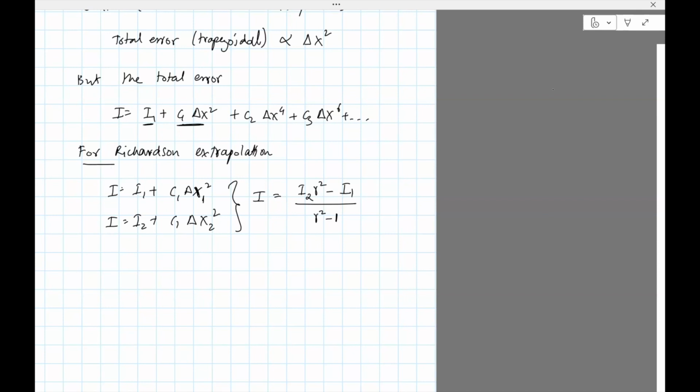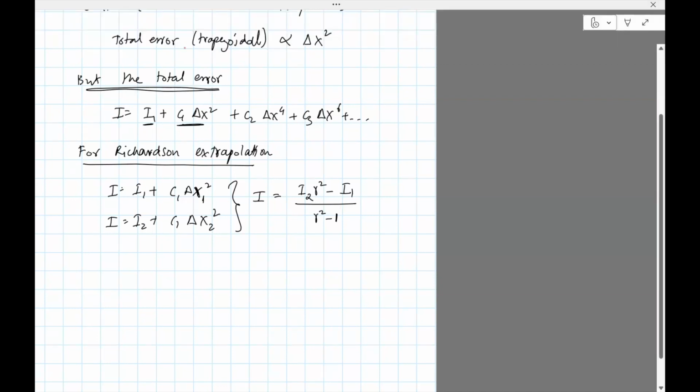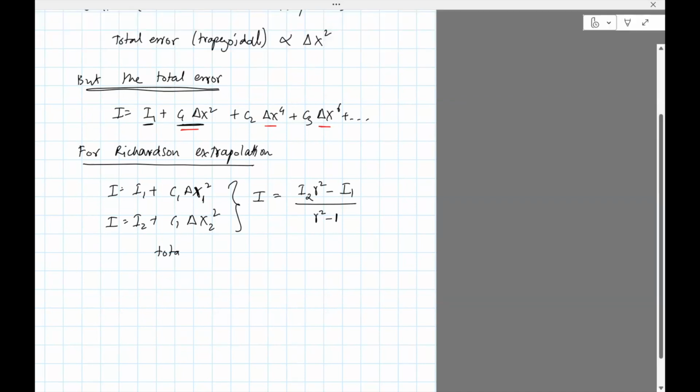This is what we did for Richardson, but we know that the total error has these higher order terms. We have not only this, which we took in Richardson, we also have delta x to 4, delta x to 6. So now the question we have to ask is, the total error after using Richardson, I is proportional to delta x raised to 4, which is not surprising because this is the term we ignored.